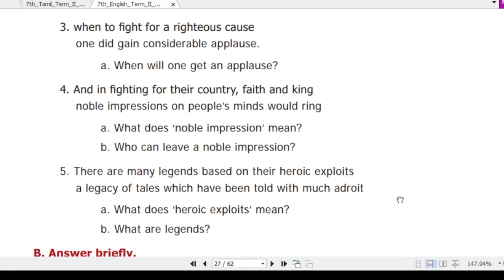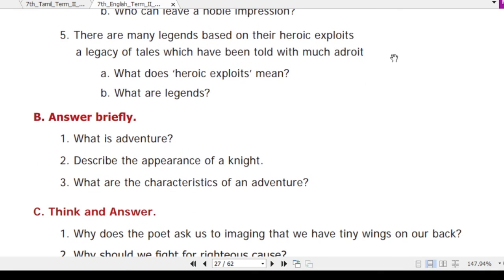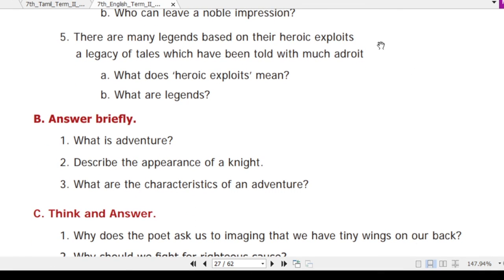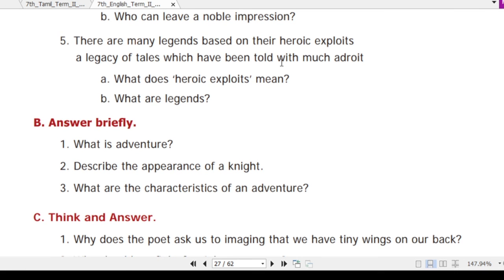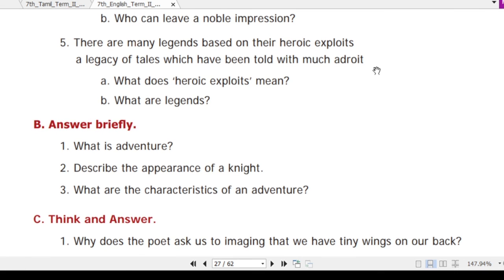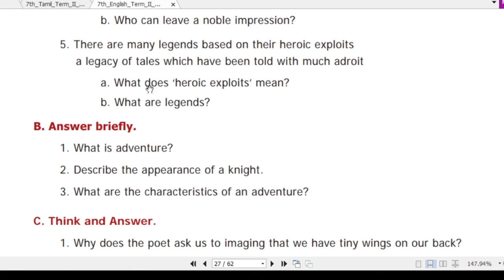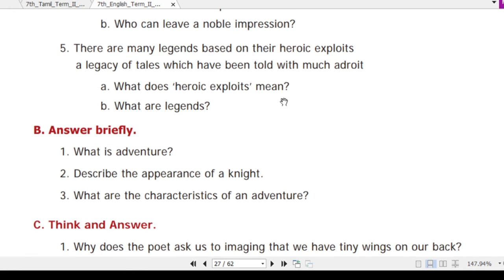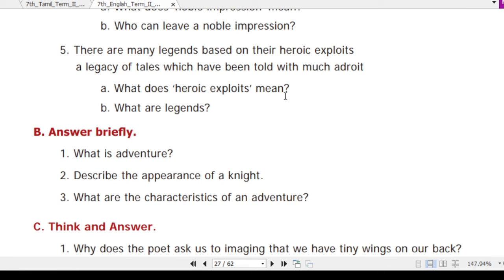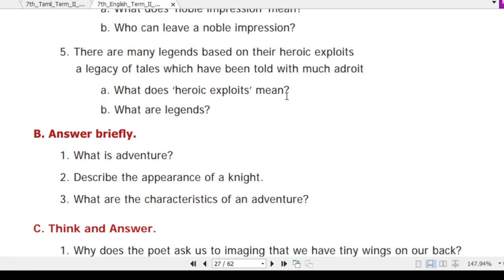There are many legends based on their heroic exploits, a legacy of tales which have been told with much adroit. What does heroic exploit mean? How bravely he fights for the good cause. What are legends?